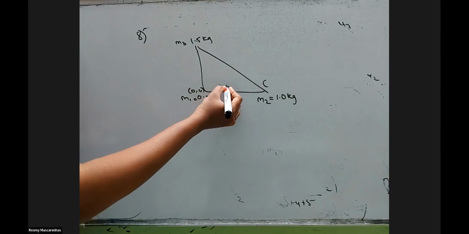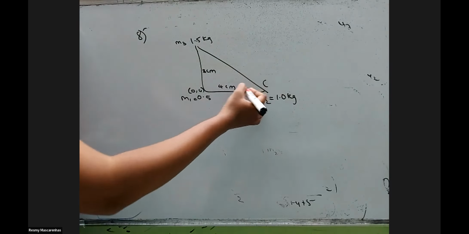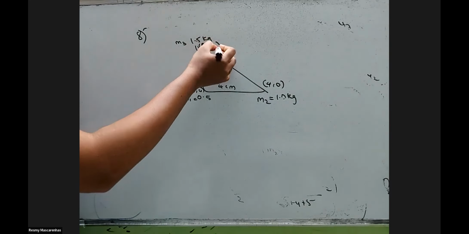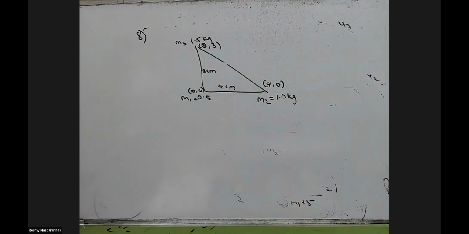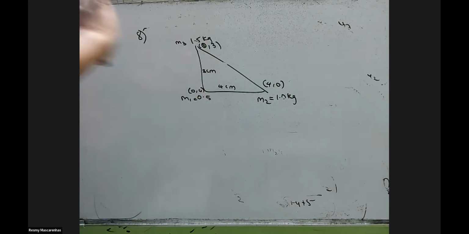This distance is given as 4 centimeter and this as 3 centimeter. So this is 4, 0 and this will be 0, 3. That's it. Straight away a right angle triangle. So x1, y1, x2, y2, x3, y3, because the y distance is 0, 3.